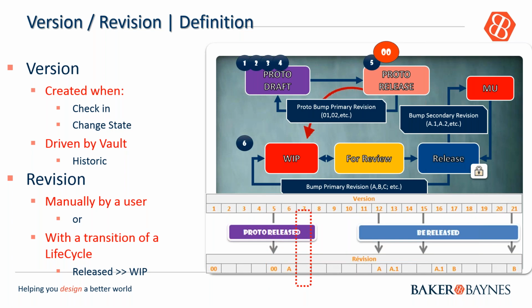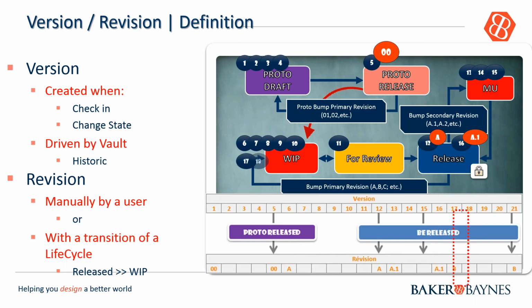Now in here, you see that it's still on version number 6. As it's been worked, it's being reviewed, or it's being released, it goes down to the release state, and the revision has bumped to A1 at the bottom. And if it's going out to a complete release state where it's locked totally, you see that we could also have the revision bump as well. So we could have revision bumps on states if required, or only when it's released.